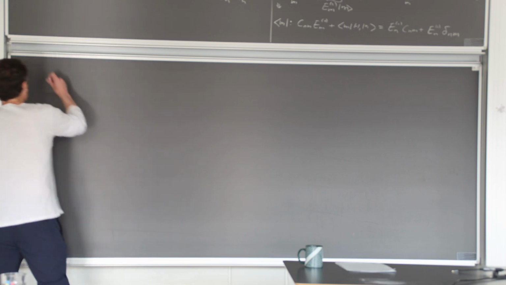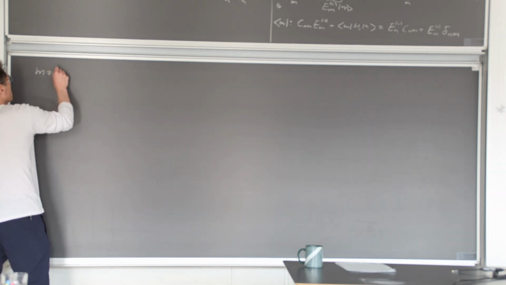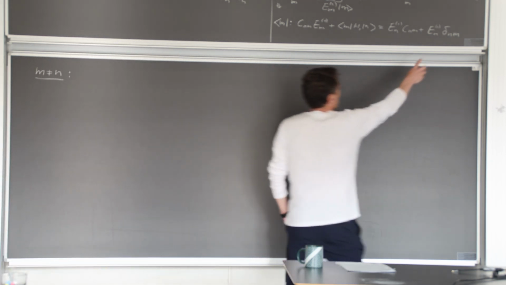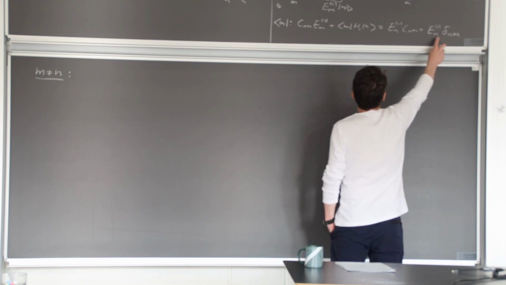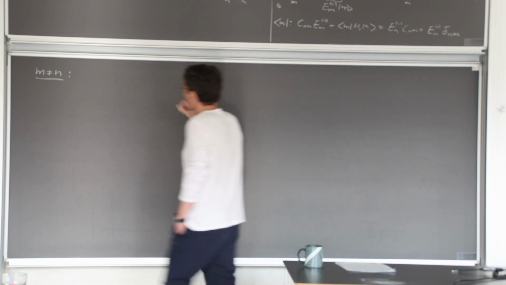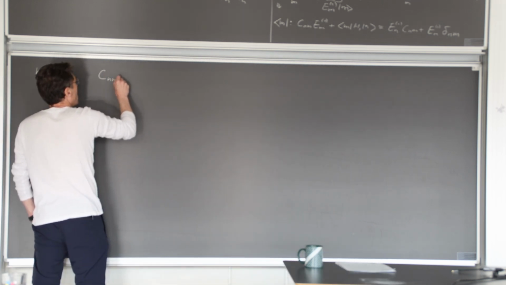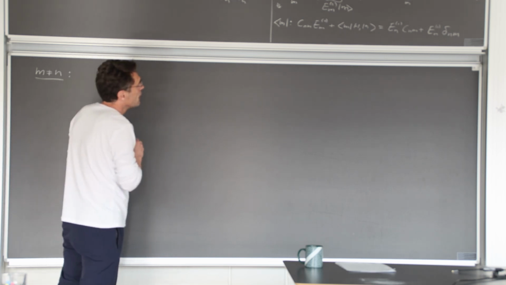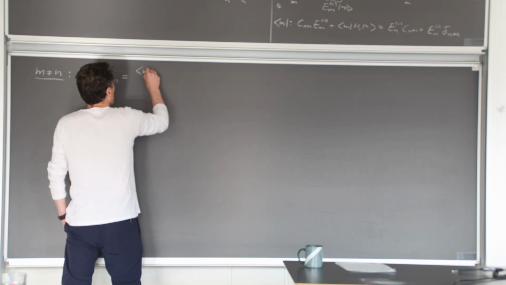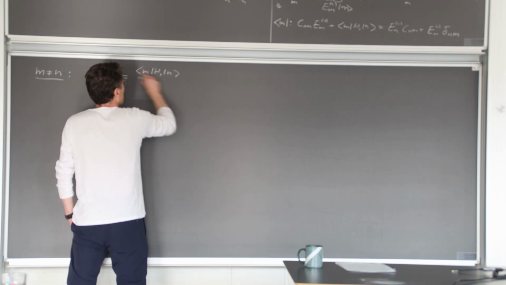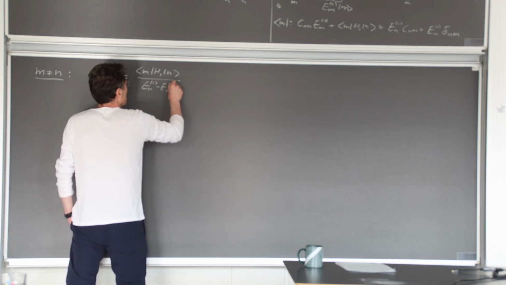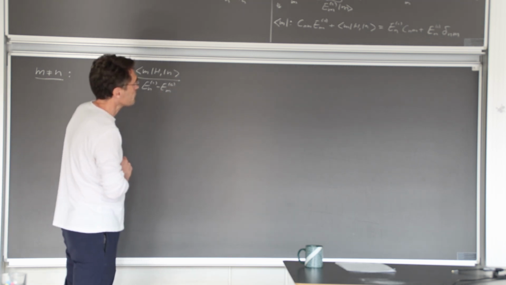Because now let's assume first that m is not the same as n. Then this term is gone, obviously. So I can easily isolate if I move things around. And what I find here is that c_n^m is then going to be m H1 n divided by E_n minus E_m, I guess.